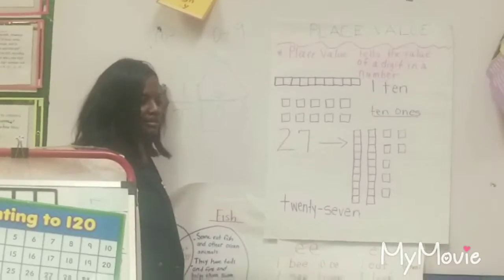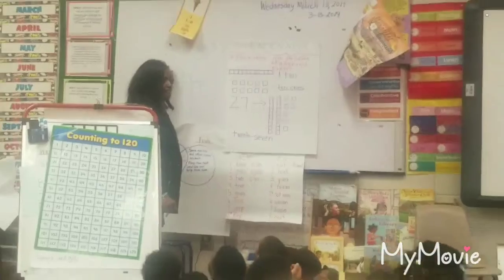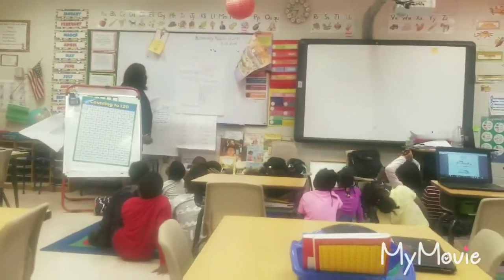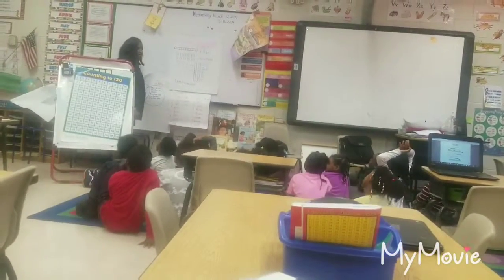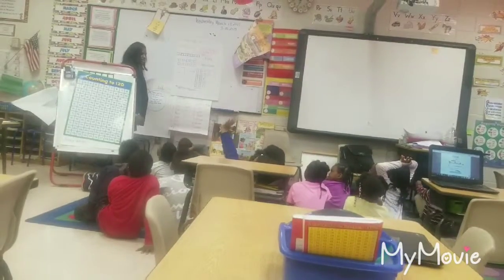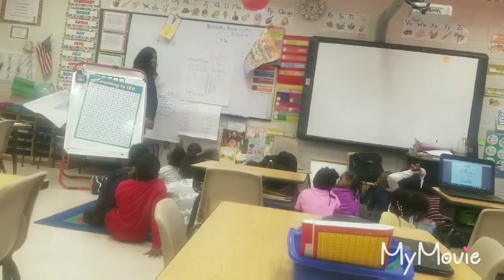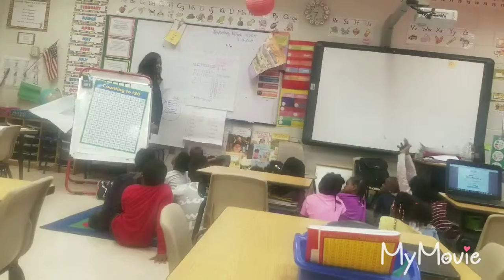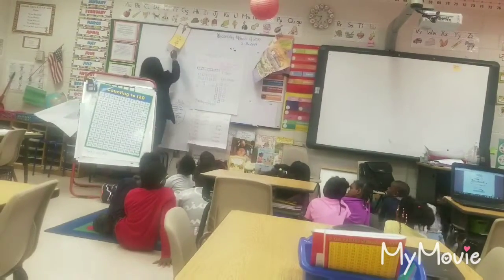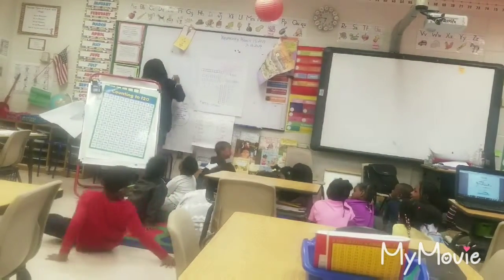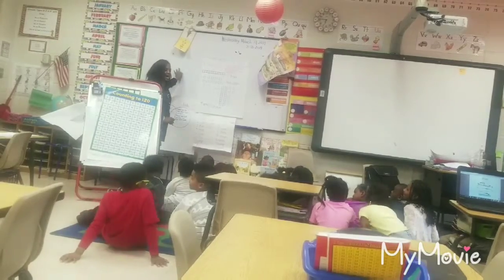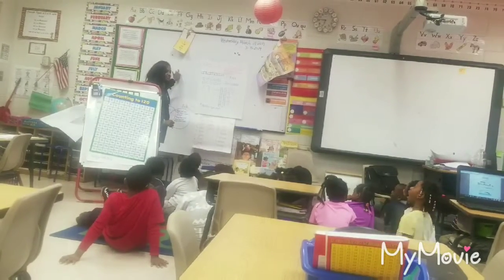How many can you go up before you have to move to the next house, which is 100? 10 to 99. So if you're 10 to 99, you live in what house?